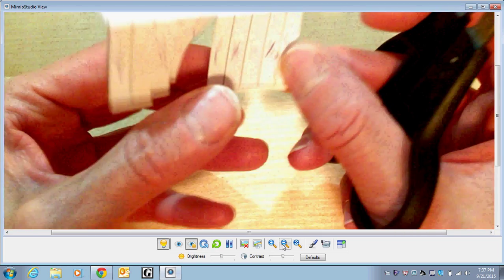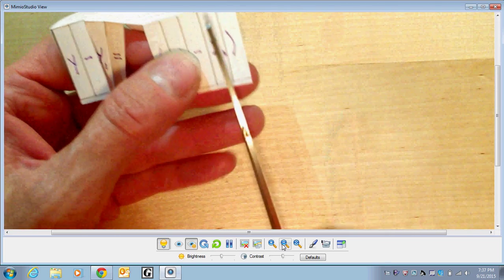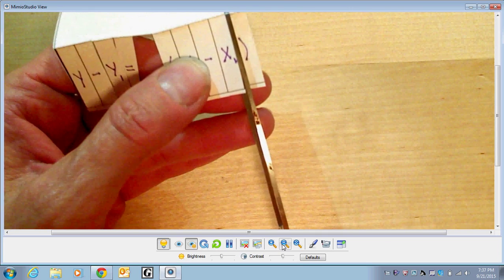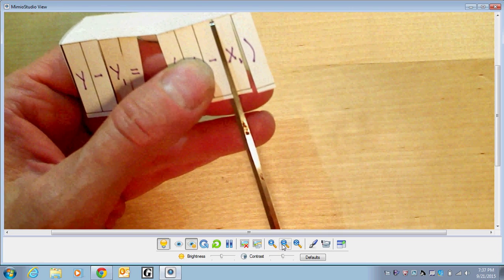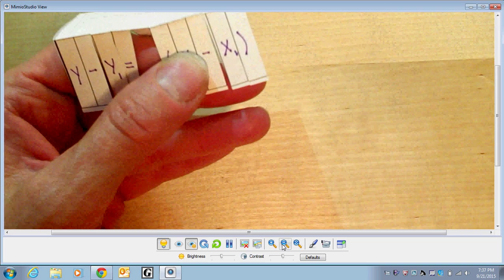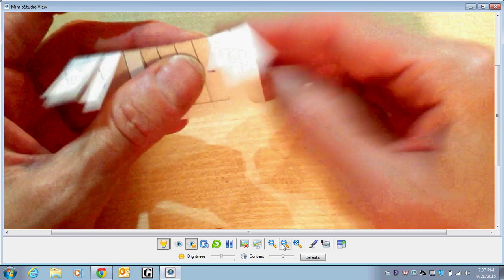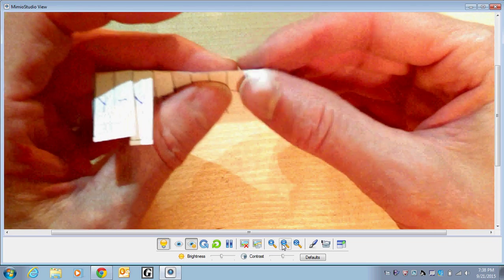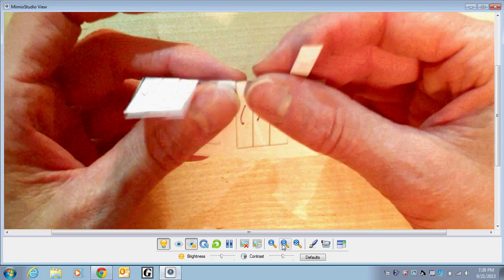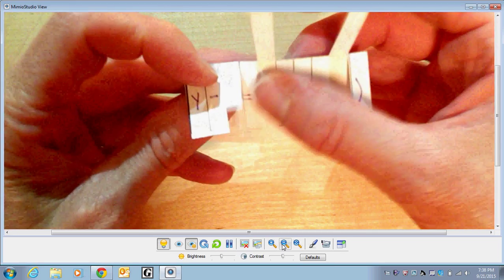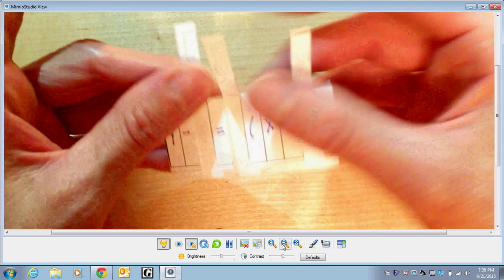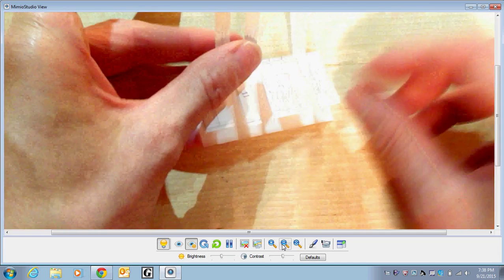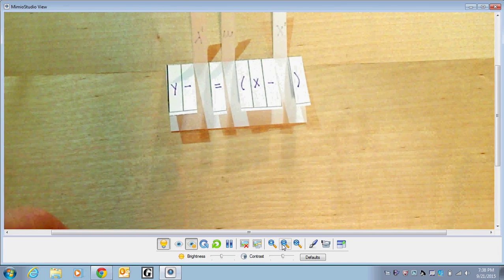And then I'm going to go to x1, and I'm going to cut the line to each side of the x1. Okay, so basically I want my x1 to be free, I want my slope to be free, and I want my y1 to be free. So those three do not get glued down, the others get glued down.